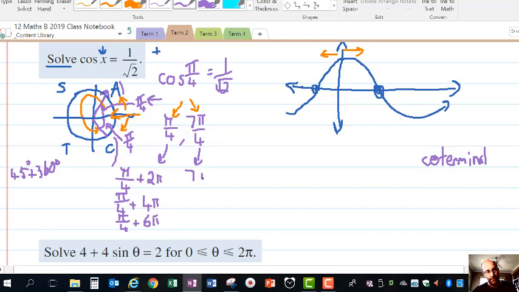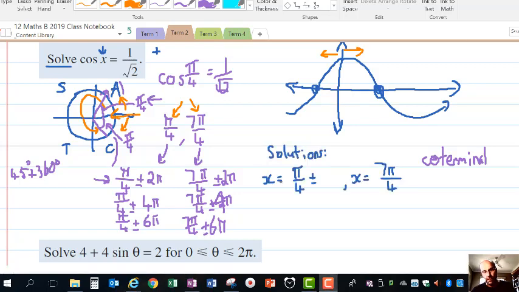Same with 7 pi on 4 plus 2 pi, plus 4 pi, plus 6 pi. And on it goes. But also it happens, if we look back at the pi on 4, it'll happen the other way around, as we said a moment ago. So we have all these plus or minus. Same with the 7 pi on 4, plus or minus.